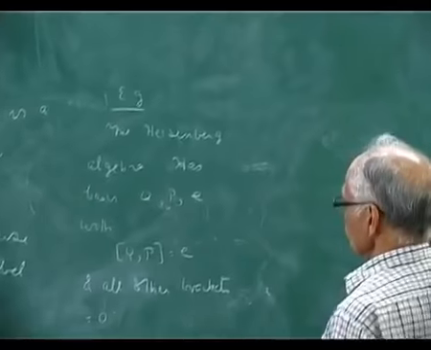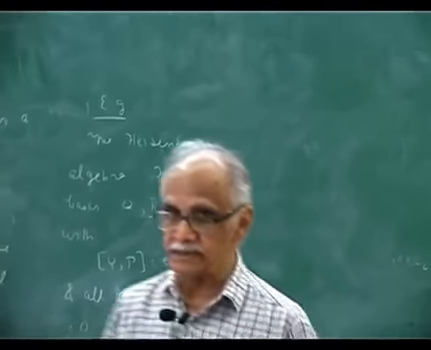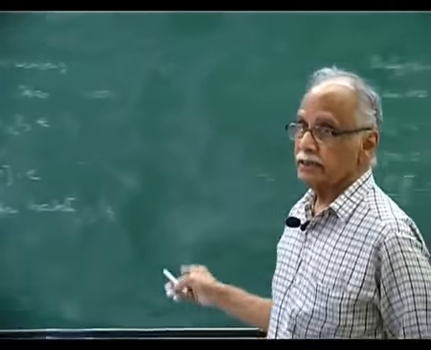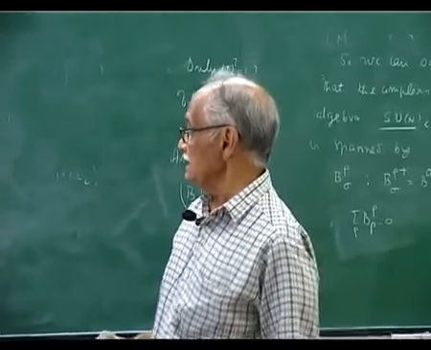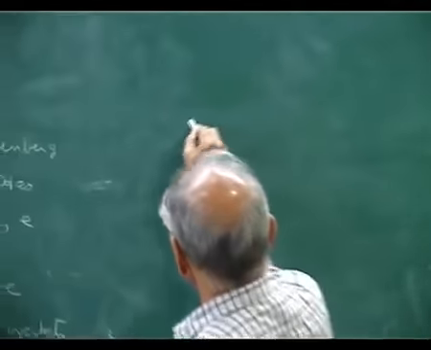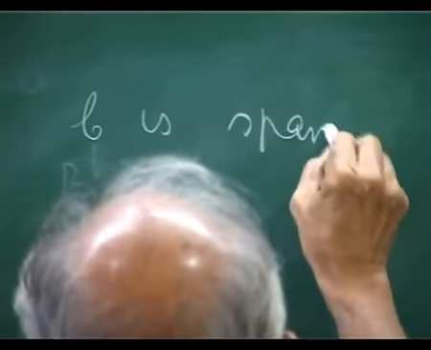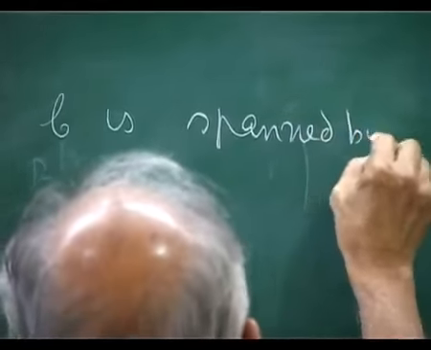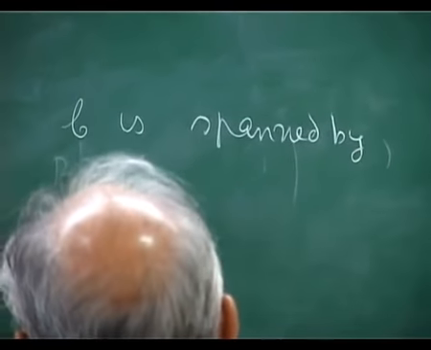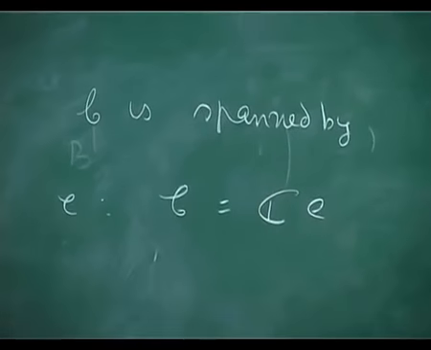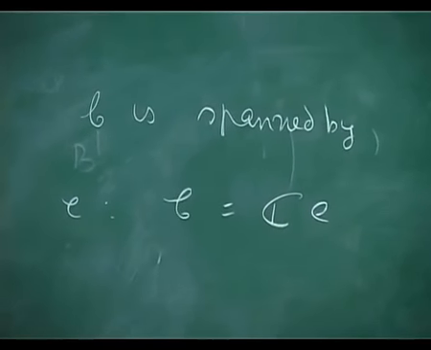So [Q, Q] is 0, [P, P] is 0, E with Q or P is 0, and so on. Okay. So this is the center of the Lie algebra. So the center C is spanned by E. That means C is the complex multiples of E, the one-dimensional center.